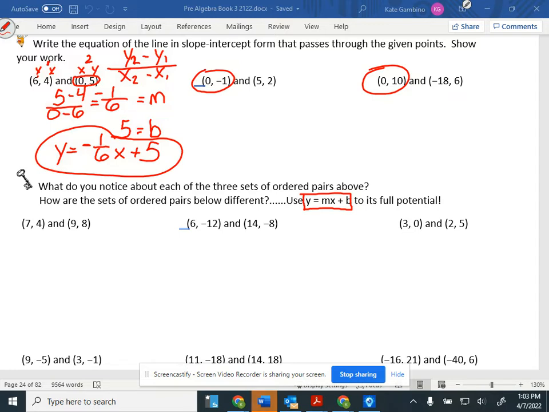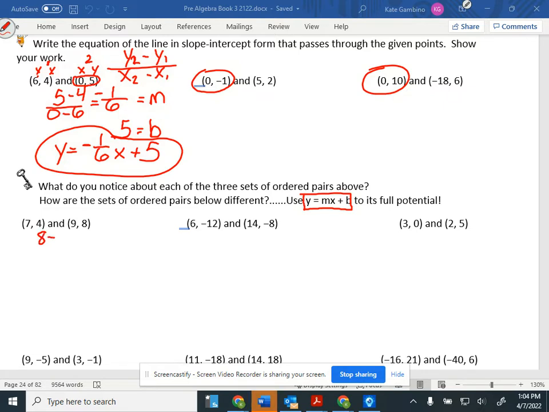So let's look at that first set of ordered pairs, (7, 4) and (9, 8). What should I do? Subtract 8 minus 4.